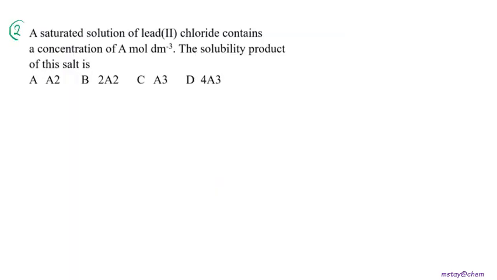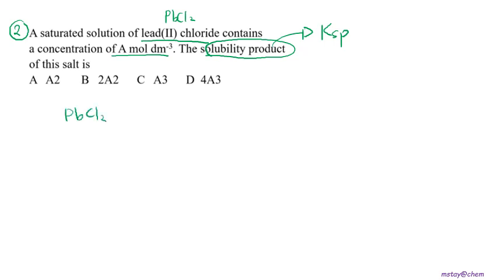Question number 2. A saturated solution of lead(II) chloride, PbCl2, contains a concentration of a mole per decimeter cubed. What is the solubility product? Solubility product refers to Ksp. Before we can calculate the Ksp value, we need to write the equation.